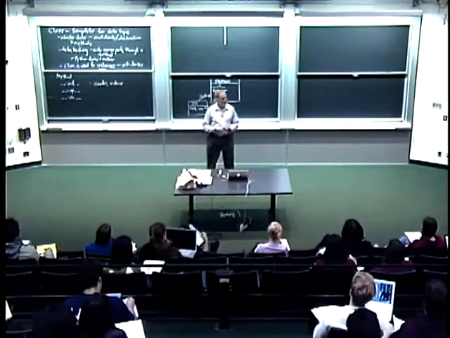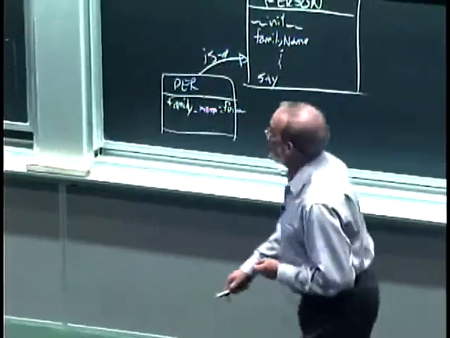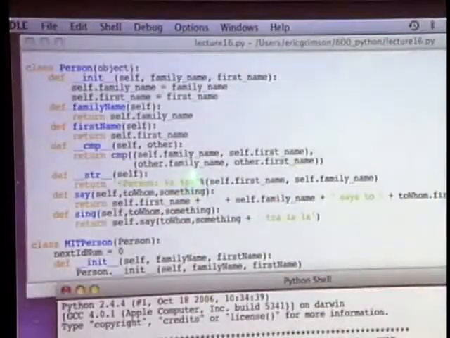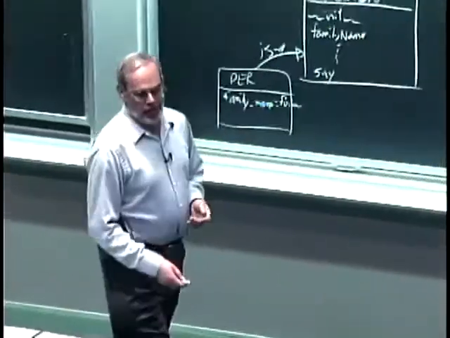So it's overloaded. It has the ability to do all of those. And in this case, what we're saying is given two objects, let's create a tuple of the family and first name of ourselves. And if other is another object, family and first name of that, and then just use CMP to compare them. Right? So it's going to use the base pieces. Okay? So it gives me a way of doing comparisons.